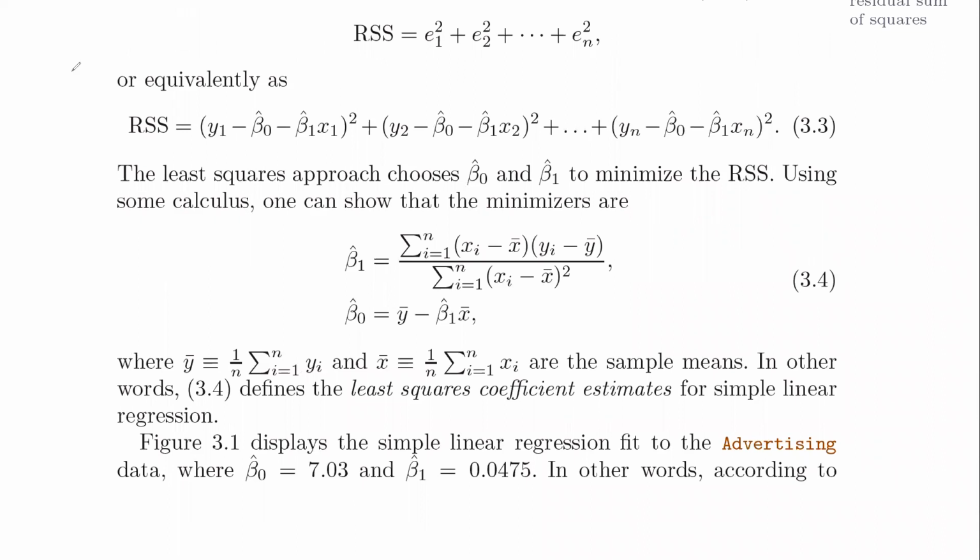This is a function of two variables. So you can think of it as RSS of beta naught and beta 1. We find beta naught hat and beta 1 hat that minimize this function.